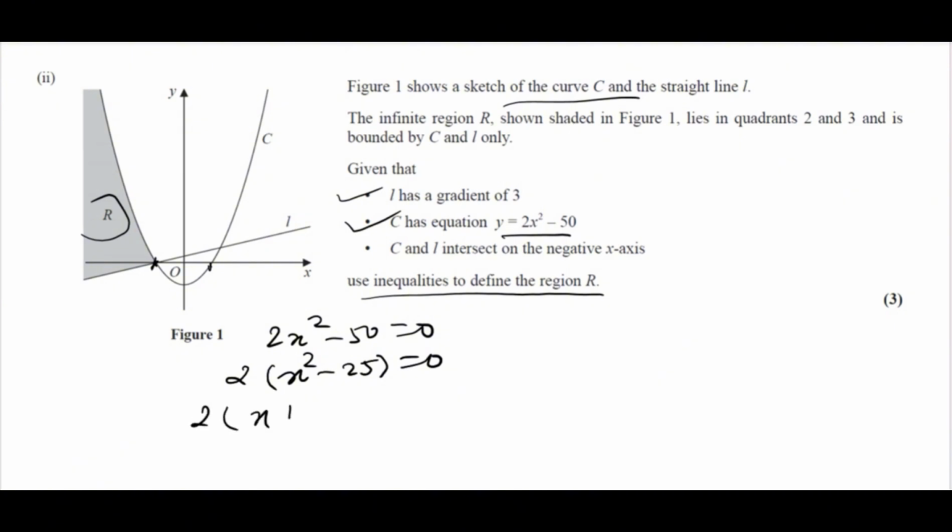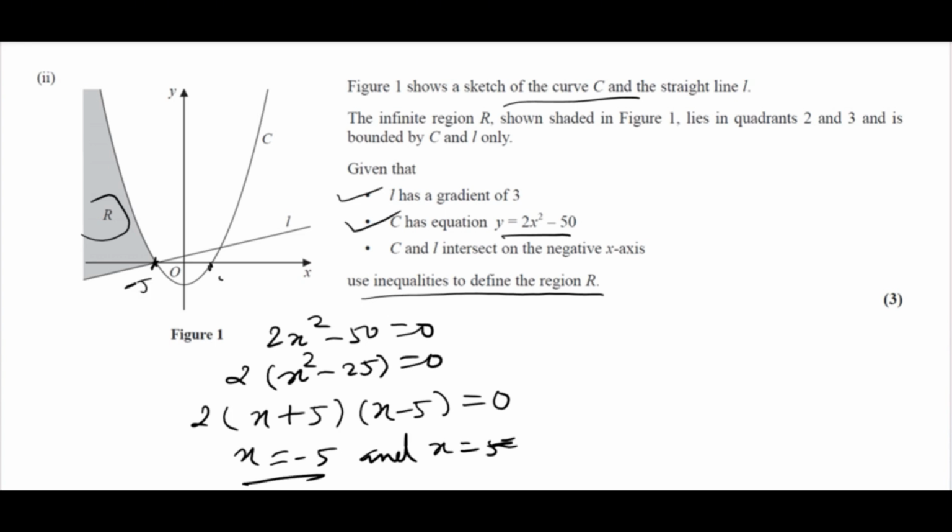So 2 into x plus 5, x minus 5. Do you remember the difference of two squares? So we will use it here. So we will get x is equal to minus 5 and x is equal to 5. But we know we have to use the negative coordinate. So this coordinate is minus 5, this coordinate is 5.